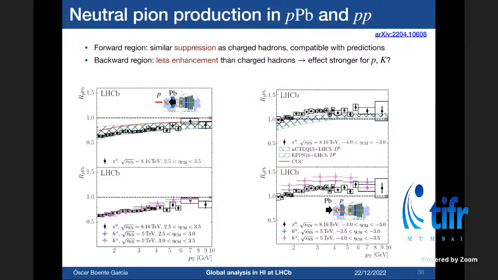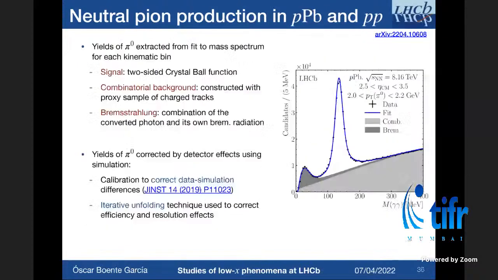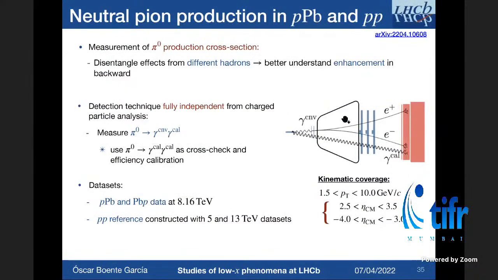Systematic in the sense of track reconstruction between different... Mostly the resolution of the calorimeter here, because here we have these reconstruction methods where we have one photon in the calorimeter and this electron-positron pair. I see, okay, I understand.